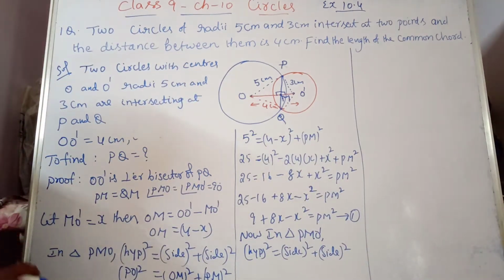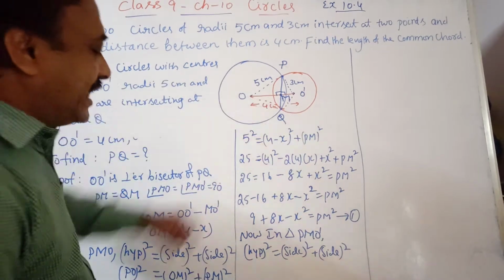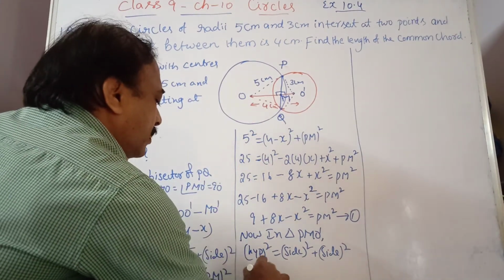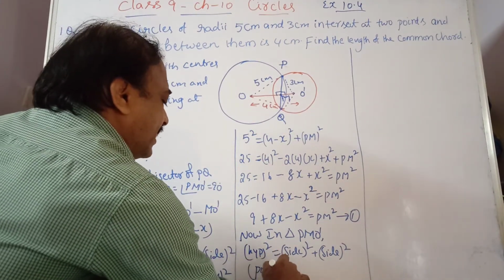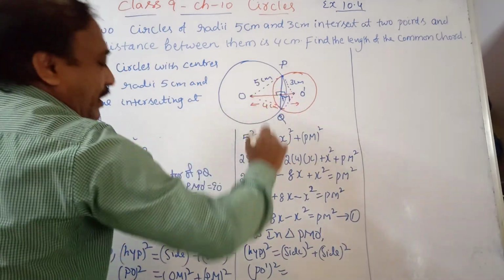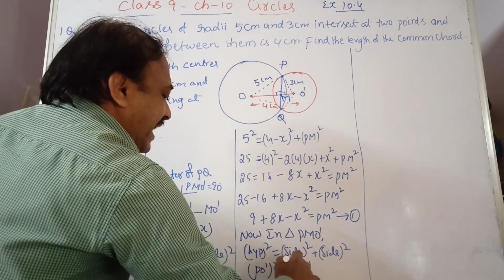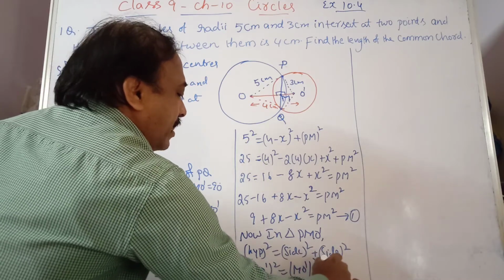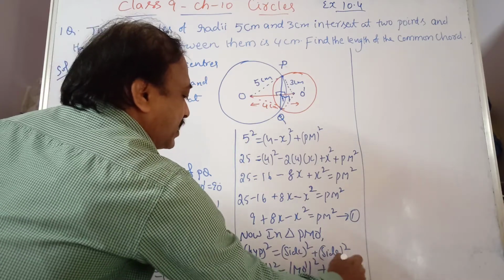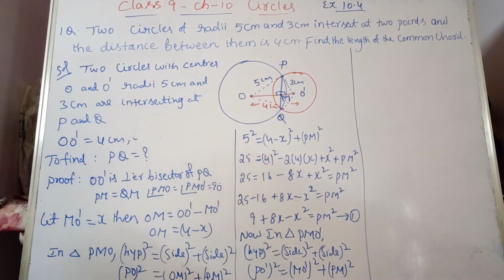The hypotenuse is PO'. So PO' square is equal to MO', which we assumed as x, square, plus PM square. PM is common to both right angle triangles.